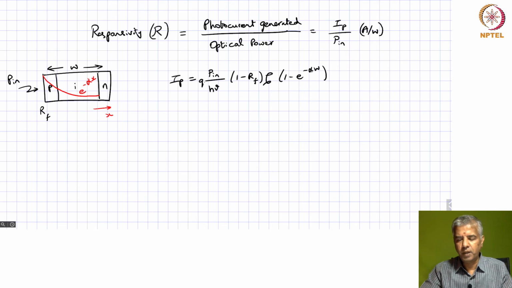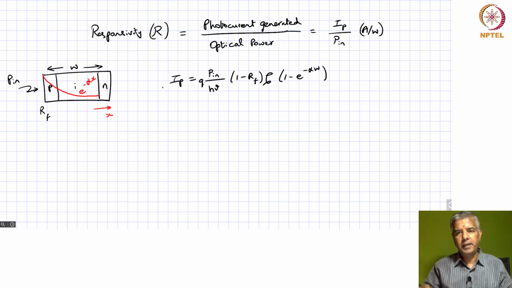If W is small, then e power minus alpha times W becomes a relatively large number, closer to 1. So 1 minus e power minus alpha W tends to be a relatively small number. And if that is the case, then the photocurrent you're generating is also small. So that is the trade-off.